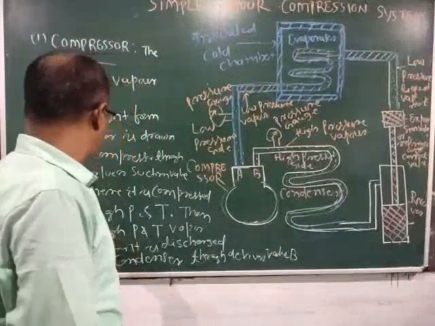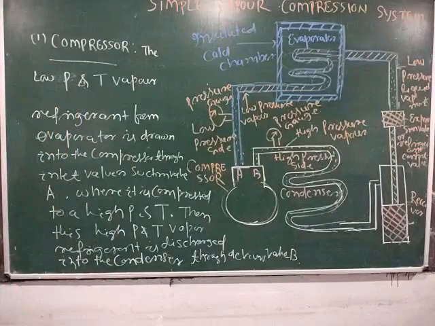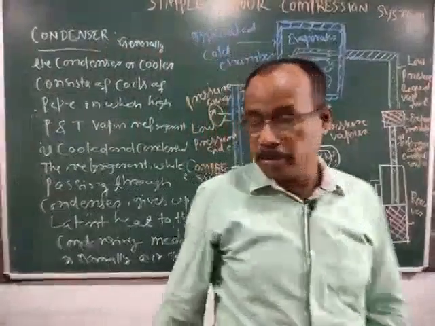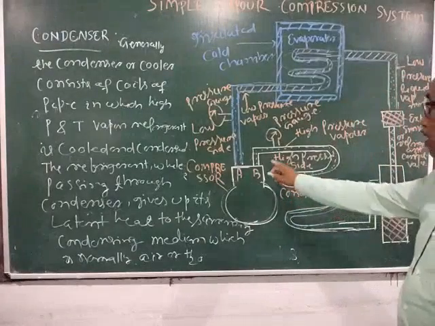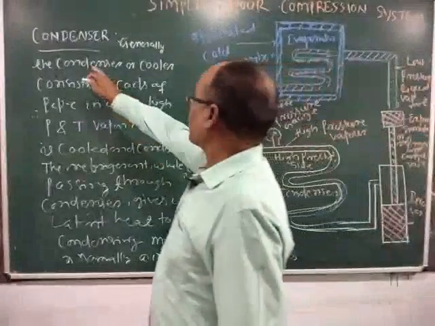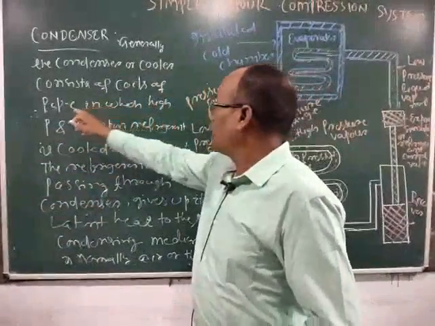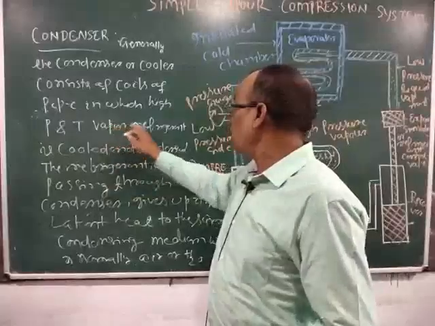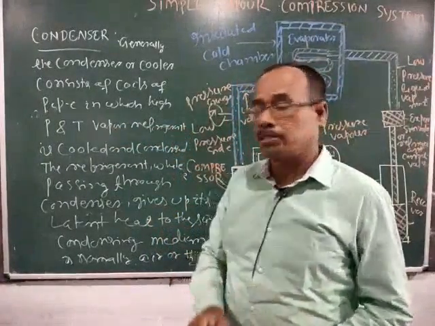Now, I will discuss what is the function of condenser. In this figure, this is the condenser. It consists of coils of pipe. Here the condenser or cooler consists of coils of pipe in which high pressure and temperature vapor refrigerant is cooled and condensed.